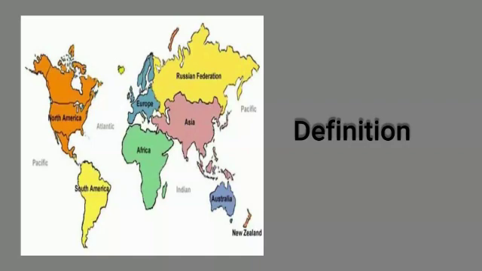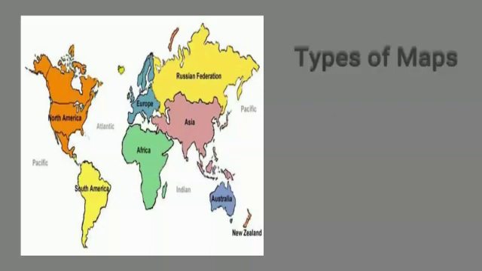It gives a picture of how things are related to each other in terms of distance and direction on the Earth's surface. The smallest area can be enlarged and shown on a map. That means we can make a small area big on a map. A book of maps is called an atlas.